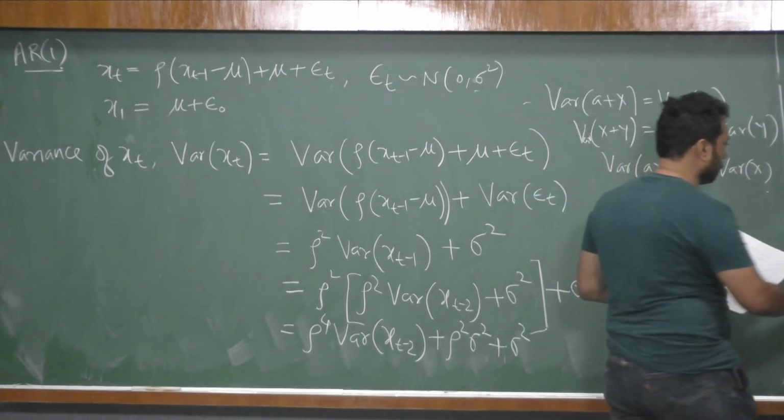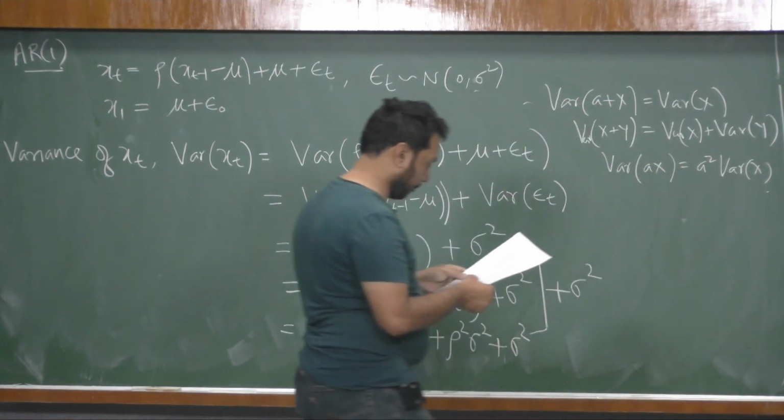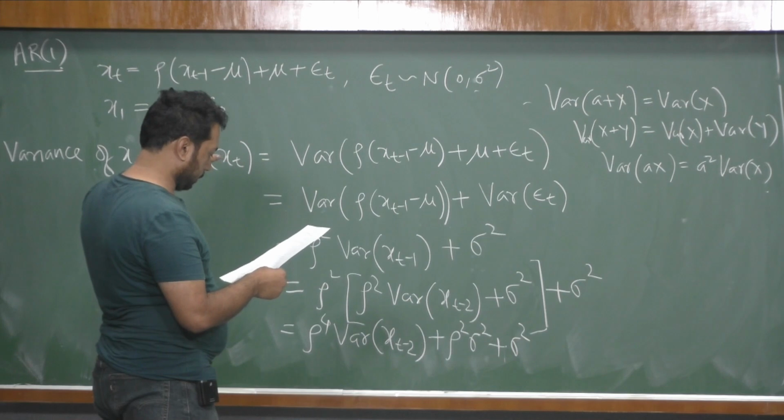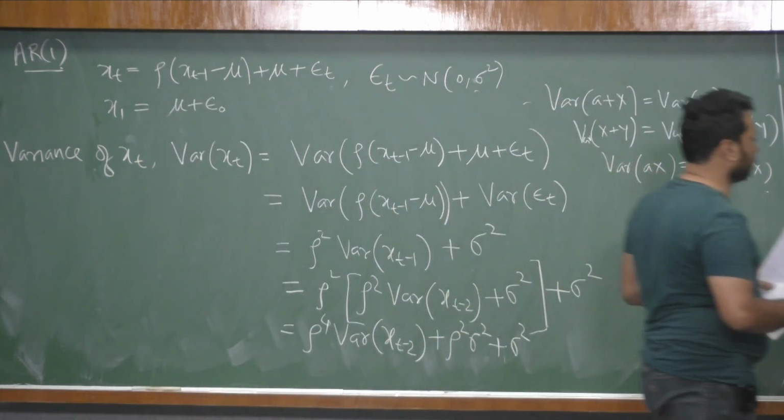So let us say we define yt, which is xt minus mu. So this would be rho xt minus 1 minus mu. So our xt is rho xt minus 1 minus mu, and then plus only epsilon t, because the mu gets cancelled now.